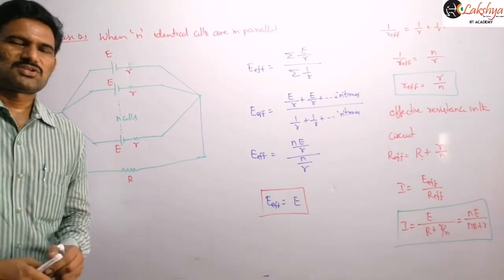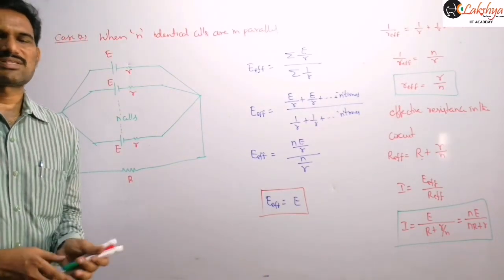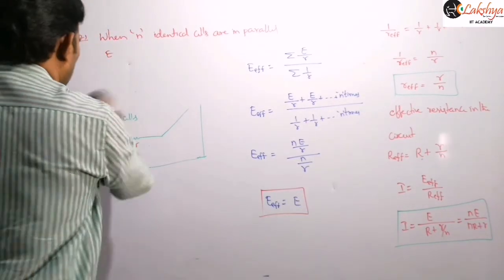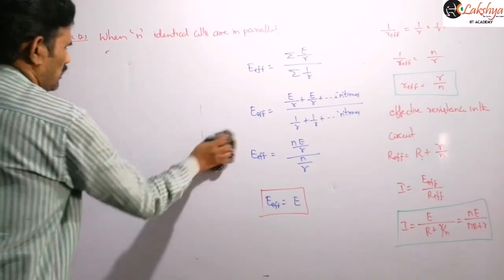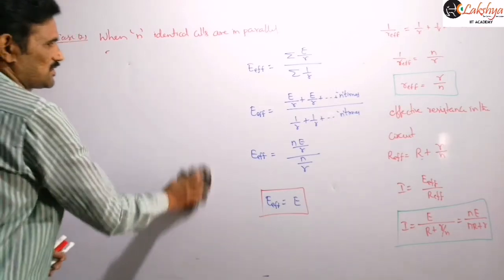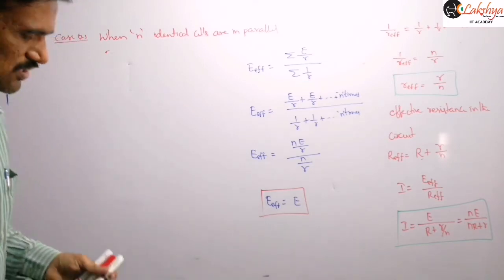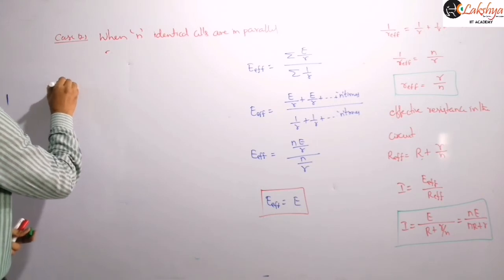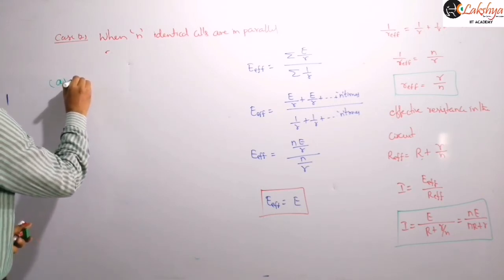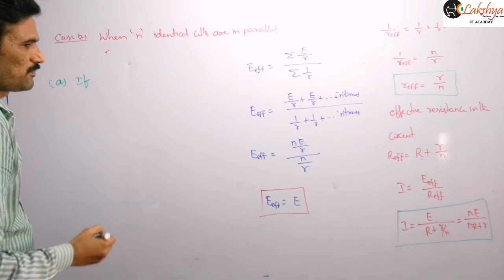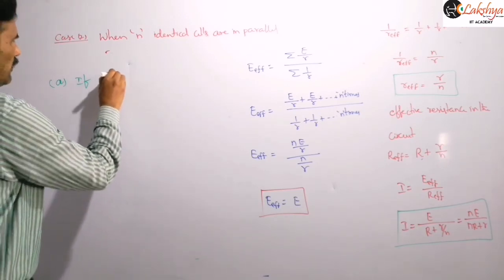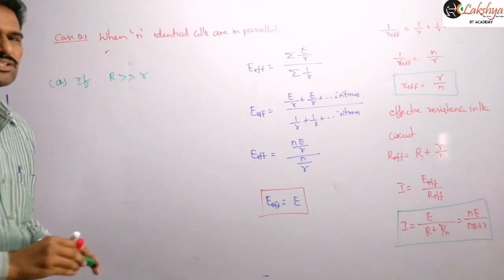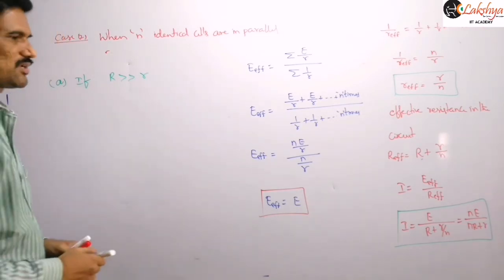And here again we can mention two cases, as we mentioned in the case of series combination of cells, when n identical cells are connected in series. So here we can consider two cases. One case we are taking is if R is very much greater than r. That means when external resistance is very large when compared to internal resistance.